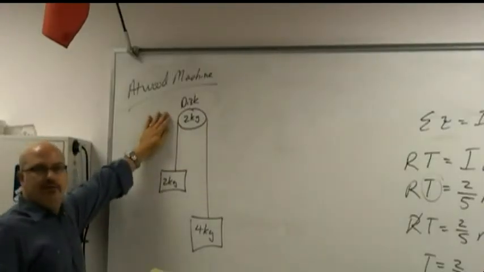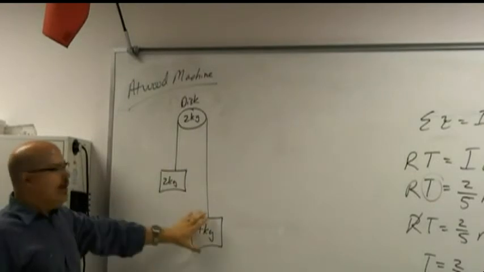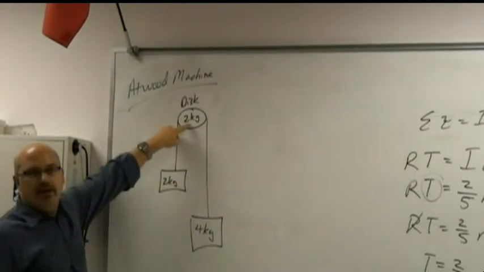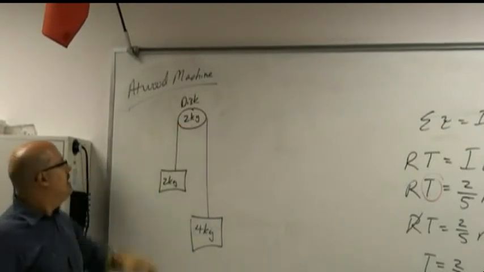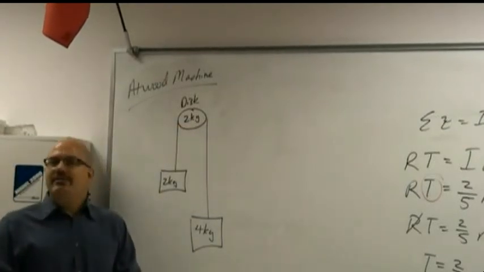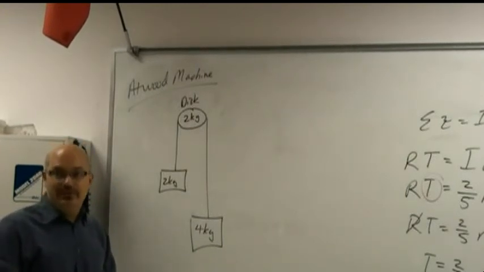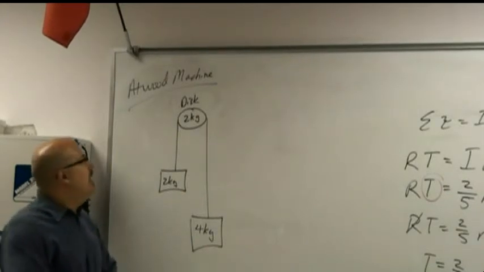All right, everyone. We have a 2 kilogram mass, a 4 kilogram mass, and uh-oh, our pulley has mass. Oh no. I suggest you solve this with symbols first, and then plug your numbers in at the very end.